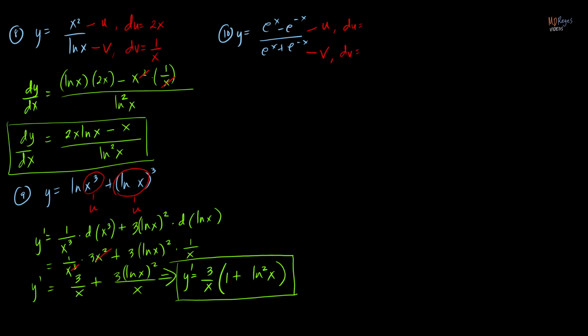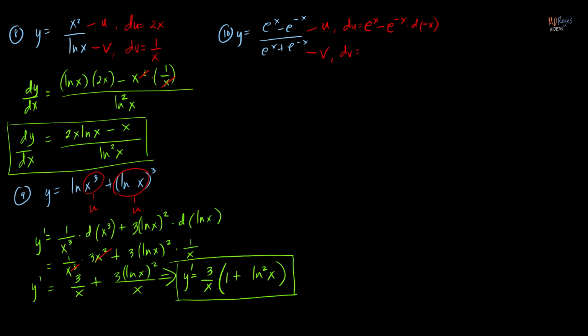The derivative of e to the x is just e to the x itself, while for the derivative of e to the negative x, in this case, we use the formula for the derivative of e to the u. In that formula, we need du also, where u in the second term is negative x. So minus the derivative of e to the u is e to the negative x times the derivative of negative x.